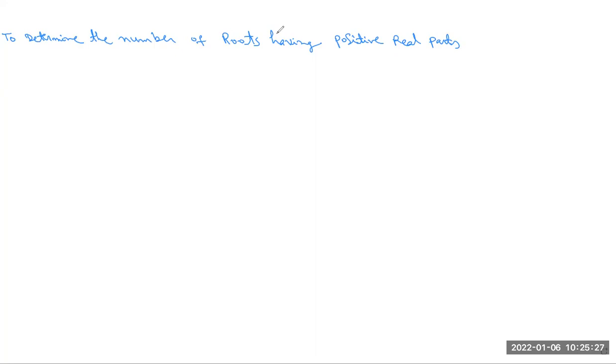Okay. So first we have to discuss how to determine the number of roots having positive real parts for a polynomial.